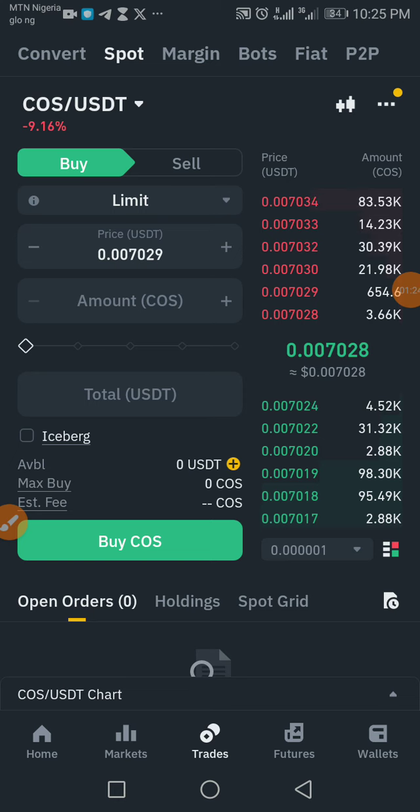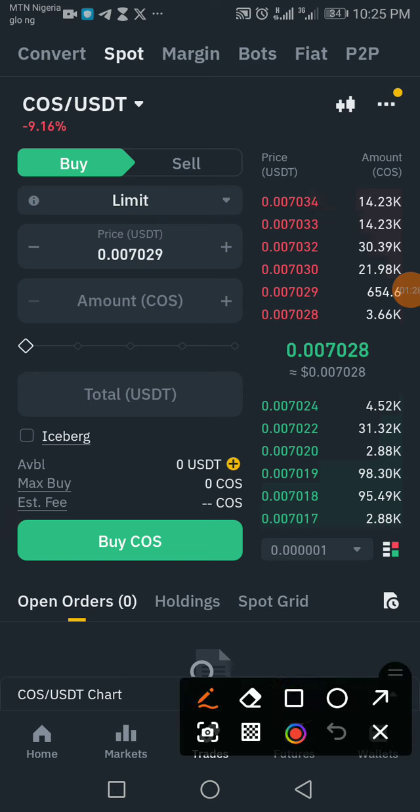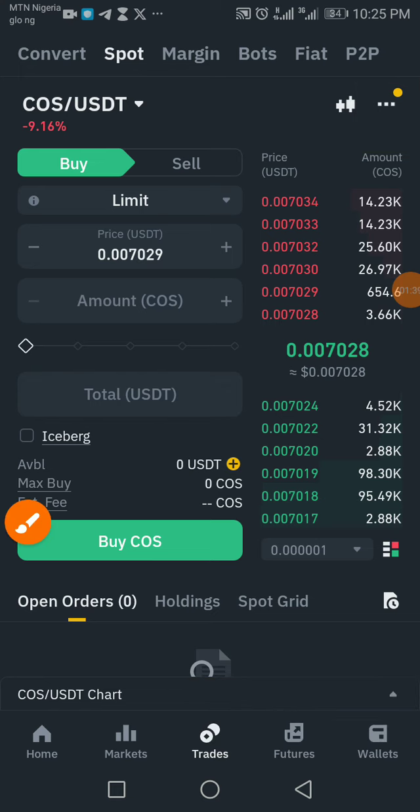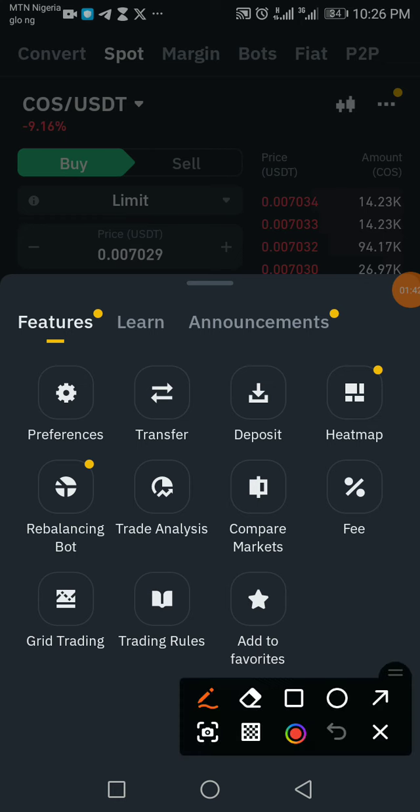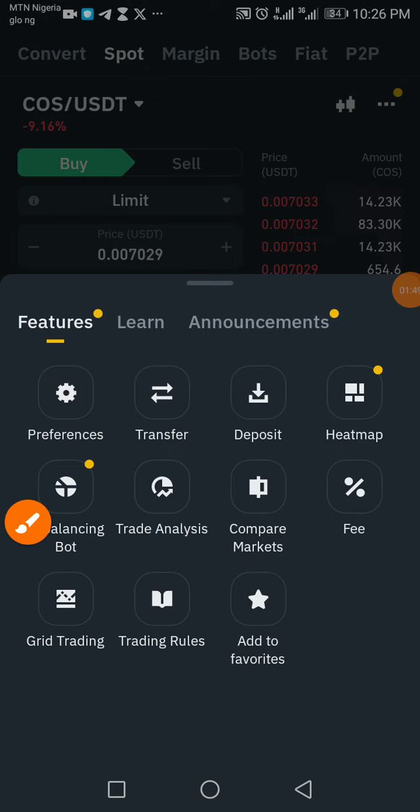So this is where you can find the compare market. Let me indicate it for you. Here you can get your compare market in these three dots on the right top corner of your screen. So this is it. This is the compare market. So you're gonna click on this.